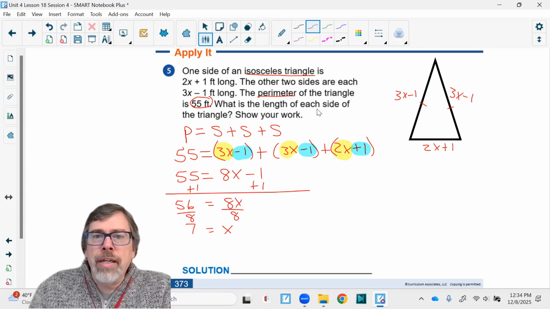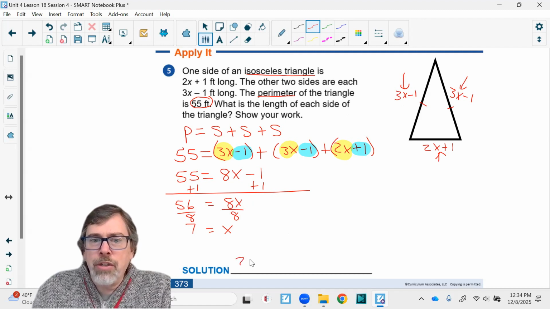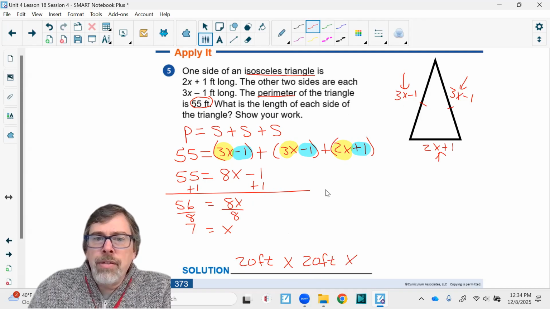It says, what is the length of each side of the triangle? So now I've got to take and plug in my value, 7 for here, and here, and here. 7 times 3 is 21, minus 1 is 20. So one side is 20 feet. 7 times 2 is 14 plus 1 is 15 feet.